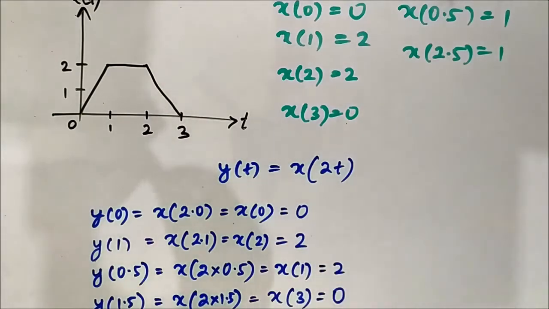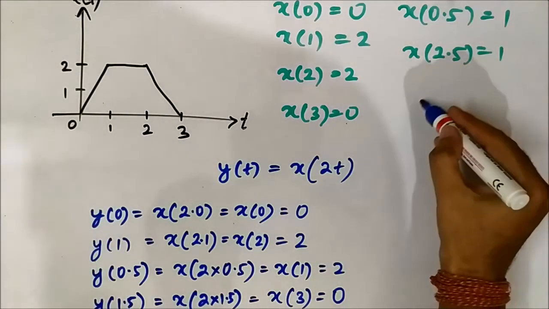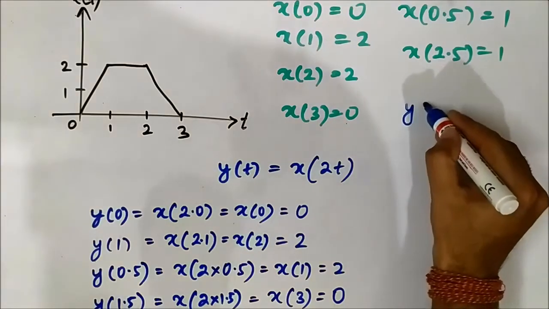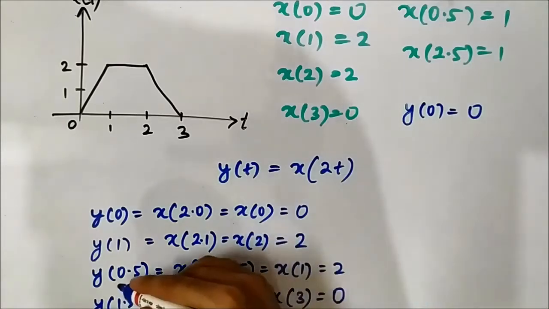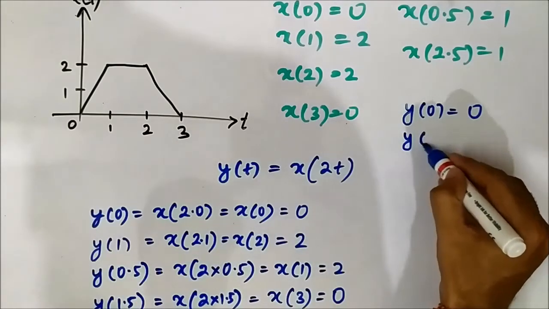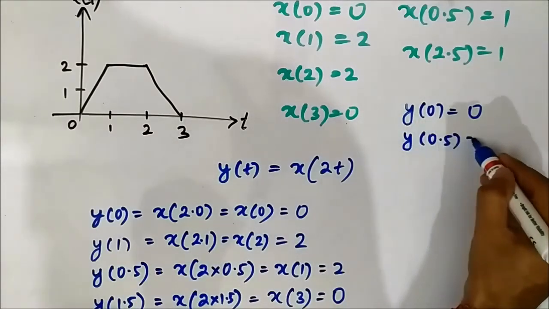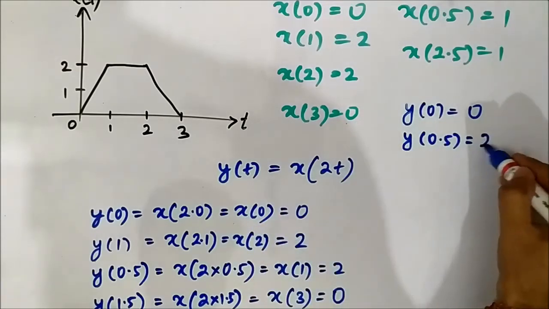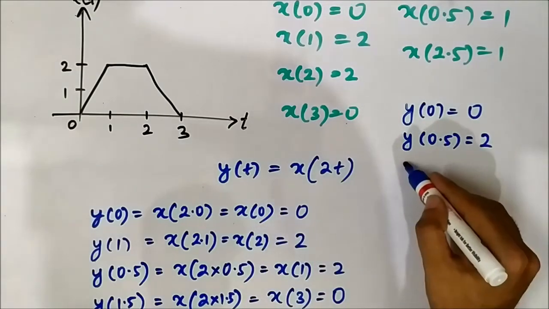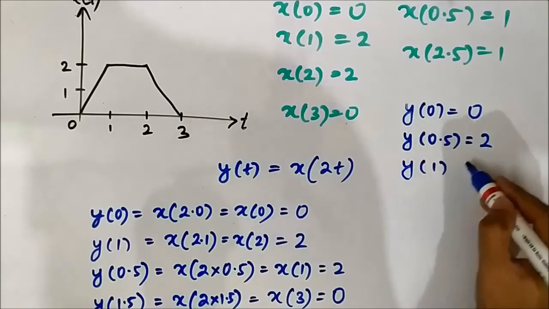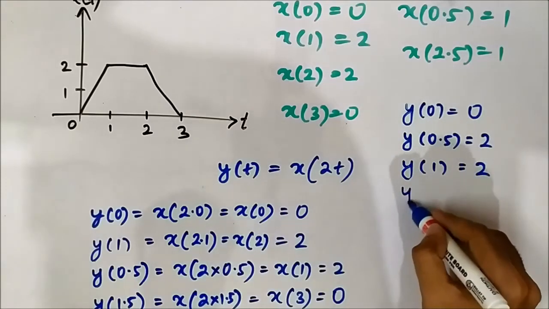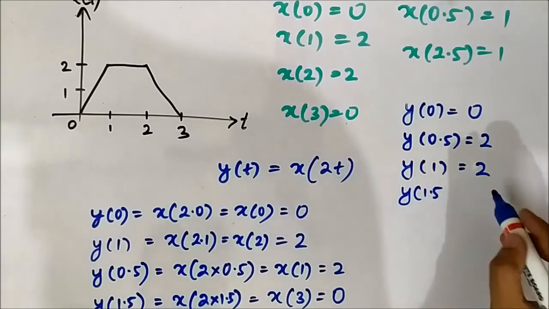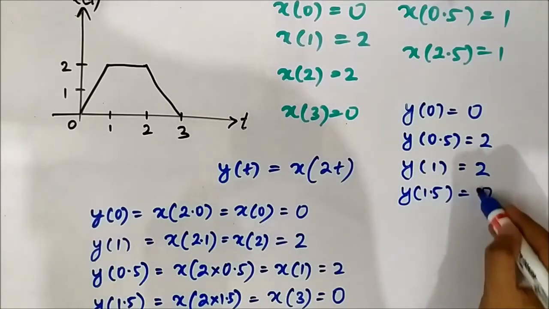So now we will write here the values of y. y0 is equal to 0, y0.5 is equal to 2, y1 is equal to 2, and y1.5 is equal to 0.